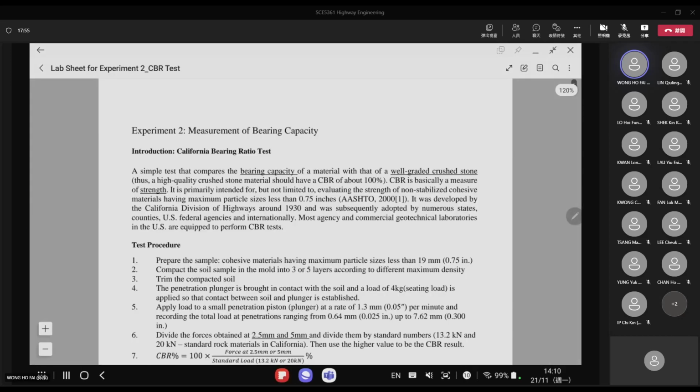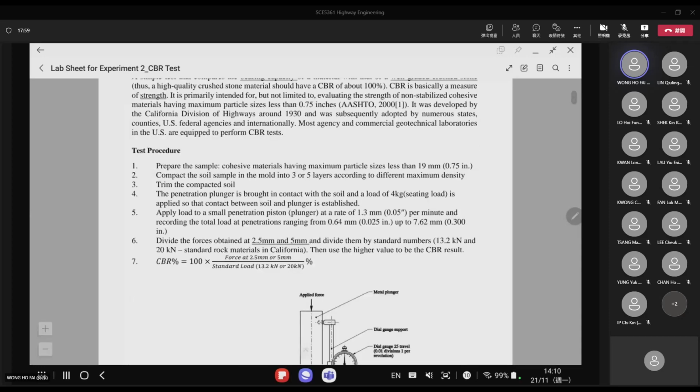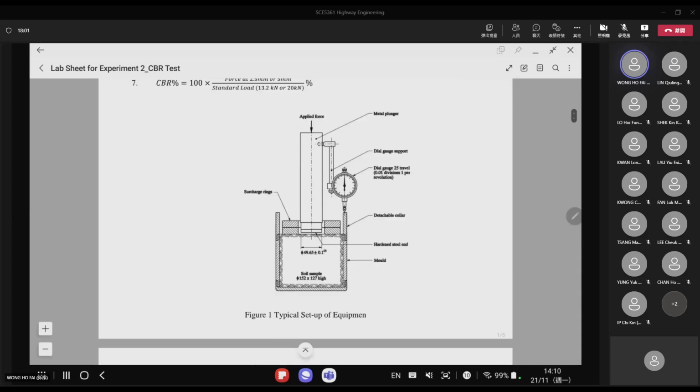Now, the CBR test is the California bearing ratio test. I've already mentioned the way to perform the test on the Moodle. Also, in the class, we have mentioned the way to perform the test. As the equipment is out of order, we will not perform the test in face-to-face mode.